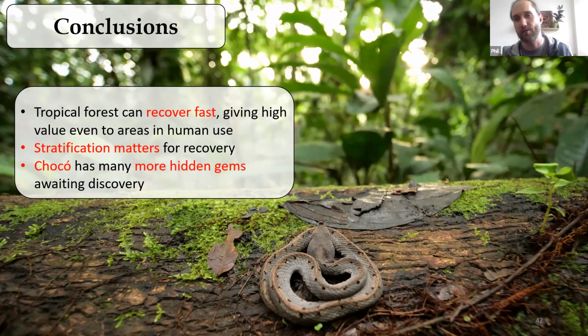We learned that stratification matters for functional recovery, and maybe ecologists should always keep that in mind. And yeah, the Choco has many more hidden gems awaiting discovery, so many more nice ant species, but also other species, of course. I hope it will be preserved for the future, and there will be a lot more future studies in this very promising area.